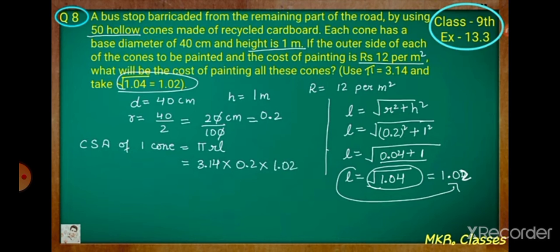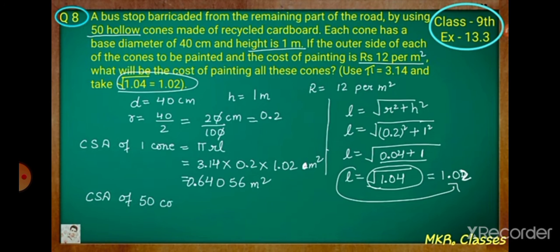Now the CSA of one cone, because painting should be done outside only, the curved side only. So we'll find CSA, which is pi r L for 1 cone. So it's 3.14 into 0.2 into 1.02. After multiplying these values, the decimal point will also come, 1 2 3 4 5, 5 places, so 0.64056 meter square. This is not the cost right now, it's just the CSA of 1 cone.